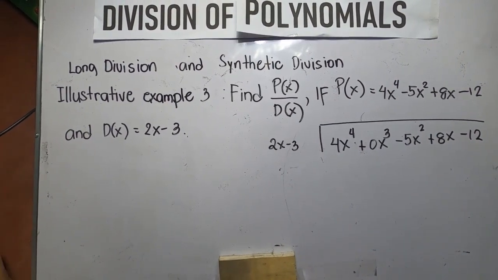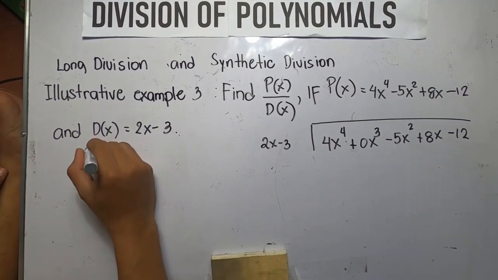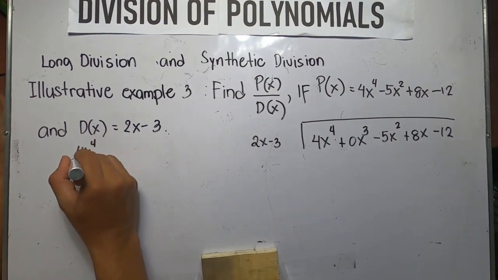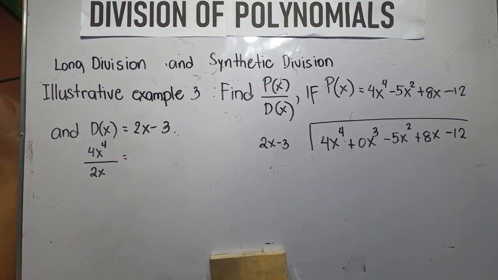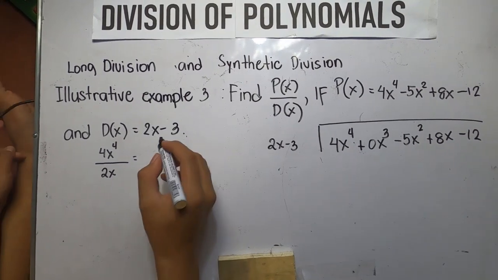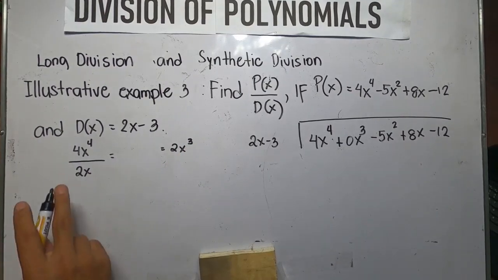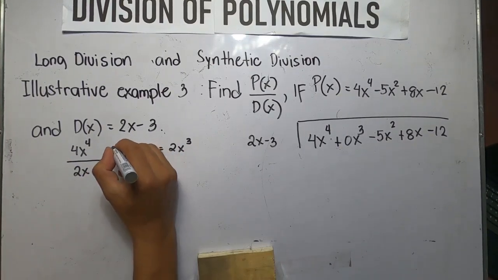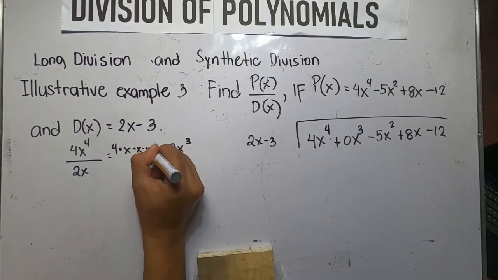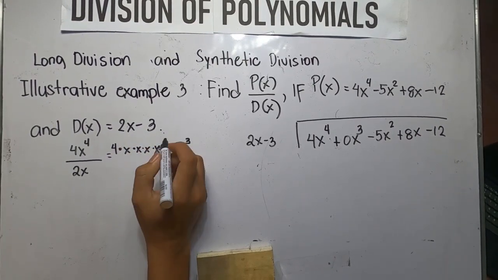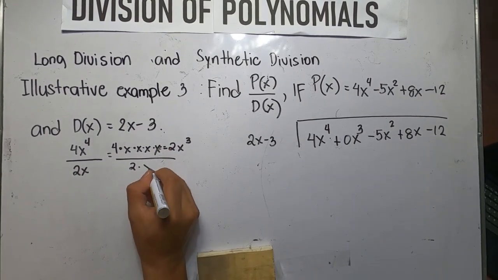So that is 4x raised to 4 divided by 2x. That is 2x cubed. To show that the quotient is 2x cubed, we can write 4x raised to 4 as 4 times x times x times x times x. And 2x can be written as 2 multiplied by x.